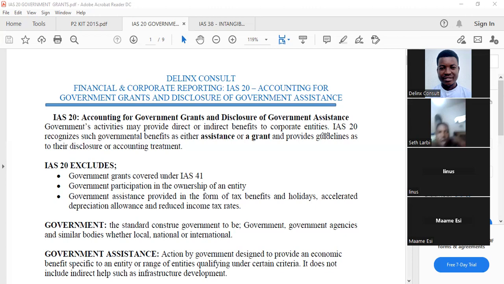Yakubu, Esther, is there any difference between grant and donation?